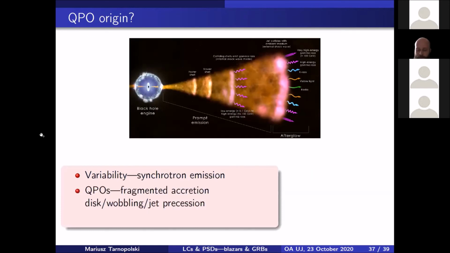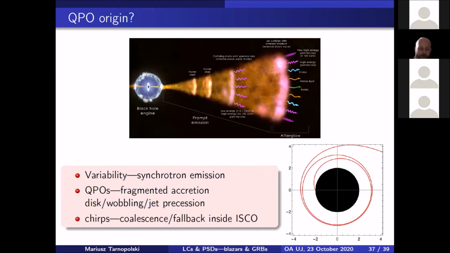Some other off-the-top-of-the-head interpretations might be that these QPOs are due to some mechanical modulations in the disk or jet, while the origin of chirps, if real, is even more mysterious, but might be caused by emission during fallback of remnant matter from a fragmented disk, inspiraling on trajectories inside the innermost stable circular orbit.